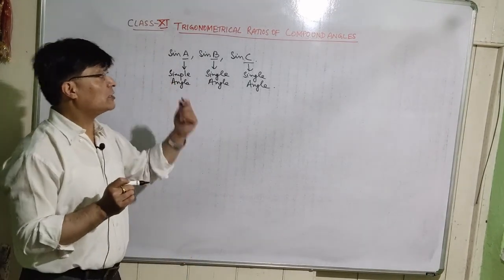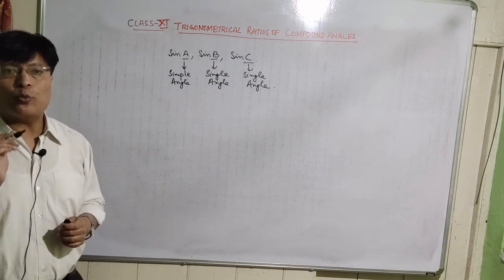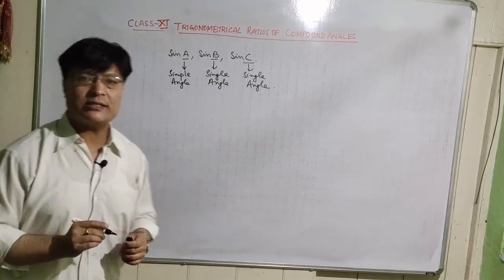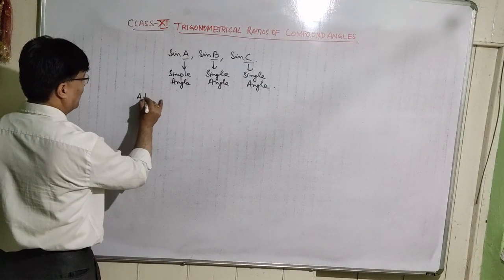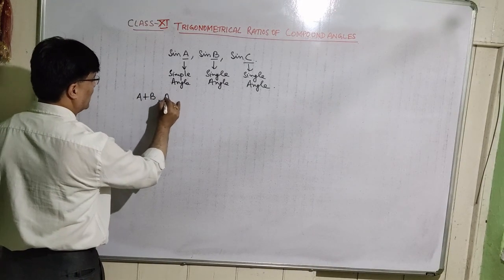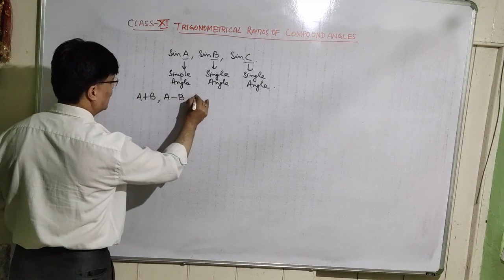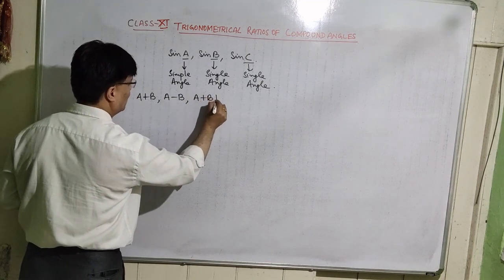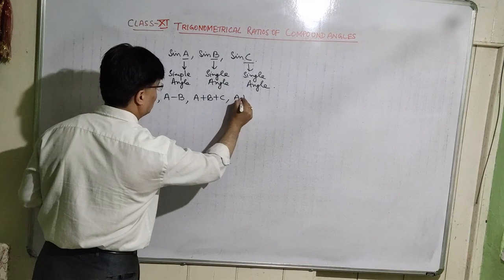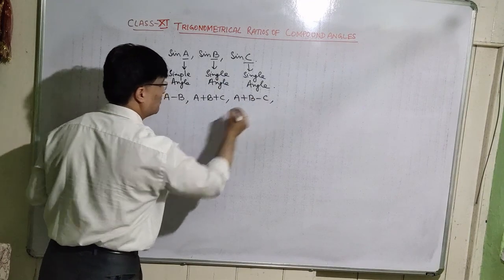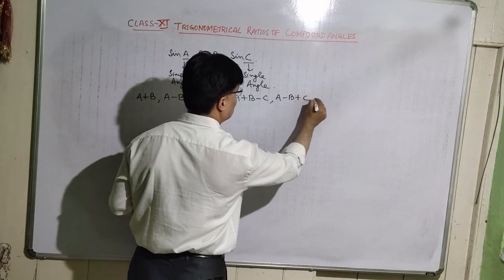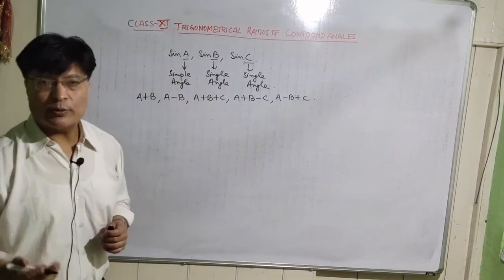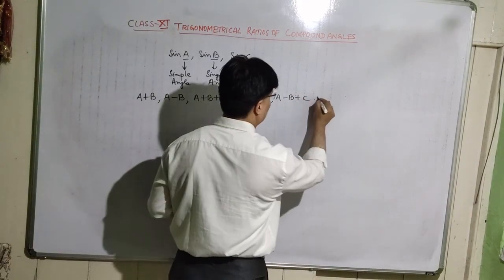Now today we'll discuss these compound angles. So what type of angles are known as compound angles? Like if you have A plus B, A minus B, A plus B plus C, A plus B minus C, or A minus B plus C, that is known as compound angles.